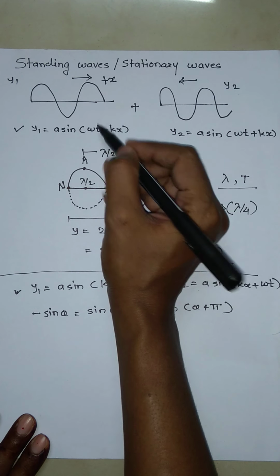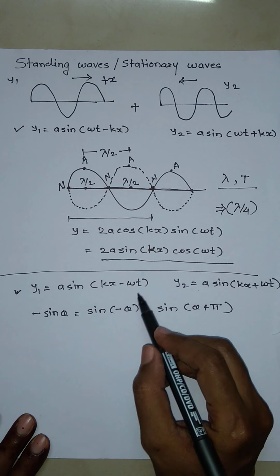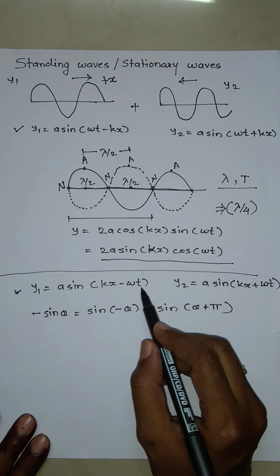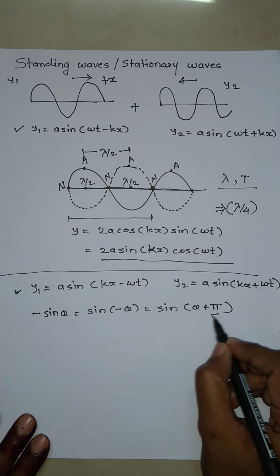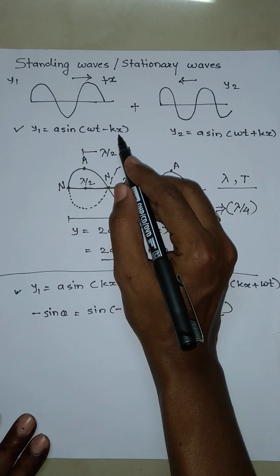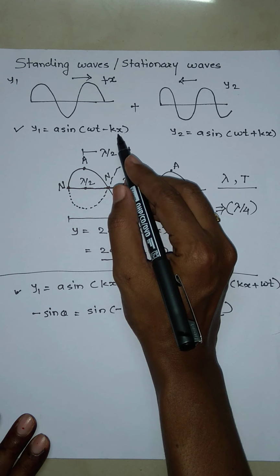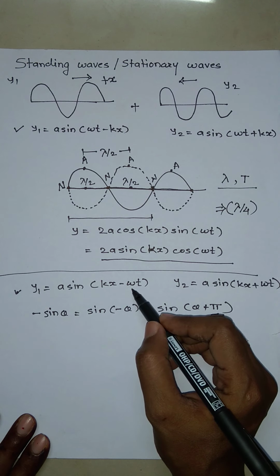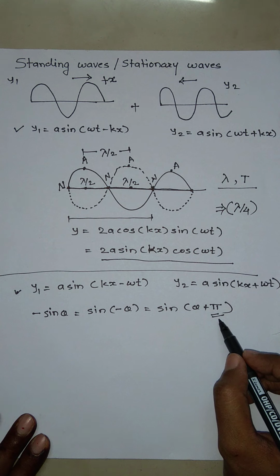This one is also traveling along the positive x-axis, but there is a phase difference of pi between these two waves. The rest of the things are just the same. Only the phase differs by pi.